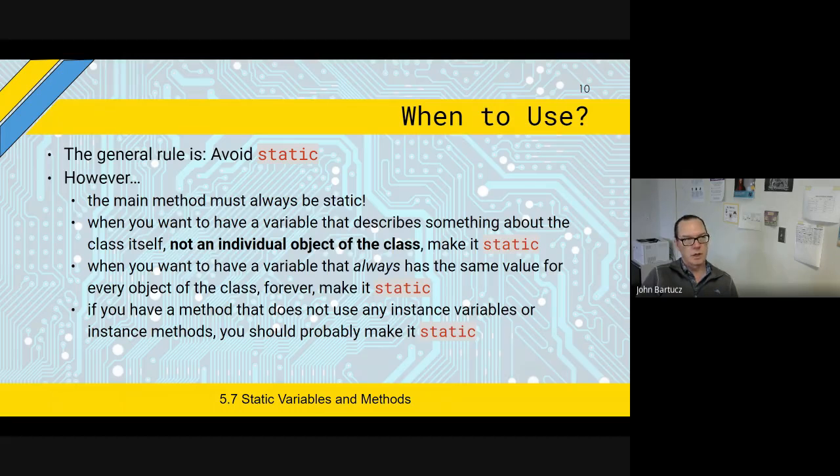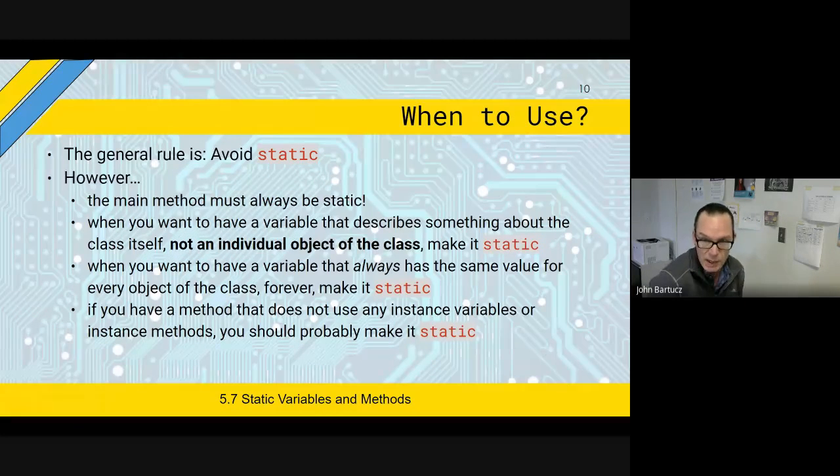I can't think of a reason right off the top of my head, right? Math is generally a bunch of procedures, right? You're taking a square root, you're getting a random number, you're computing sine or cosine of something. You're always passing something in and getting something else out. You're never storing something in a math object, right? The only thing that is stored in a math object are constants, like pi.